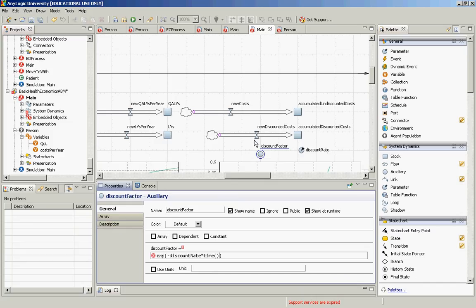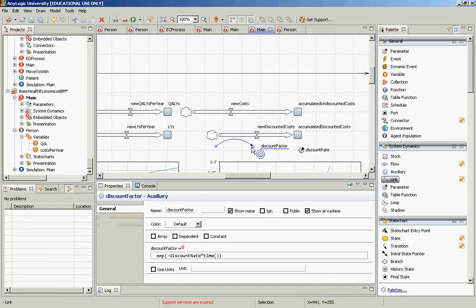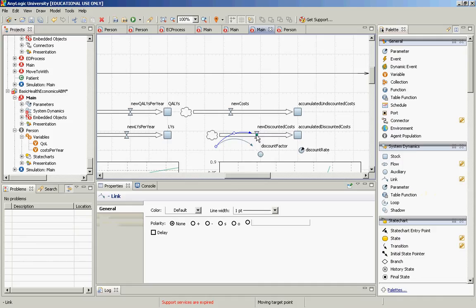Okay, so given that we have that, we'll make this quite explicit. We'll have this new discounted cost depend on the discount factor, and it would be nice if we had the discount factor's dependence on the discount rate be clear. Be nice also if we could depict time, but I'm going to skip that.